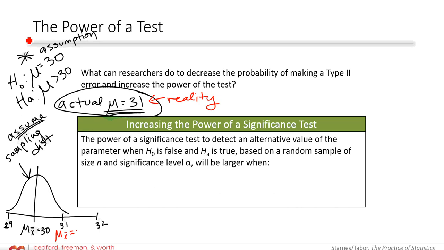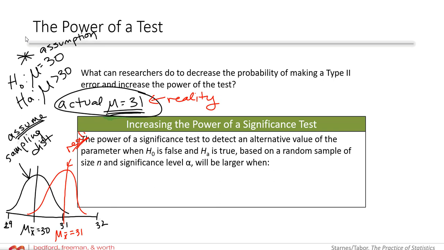But in reality, the mean of this sampling distribution would be centered at 31 hours. And so it would actually look like this. This is the reality, or the real sampling distribution, right? So keeping this in mind, the black is what we're theorizing, and the red is what actually is.